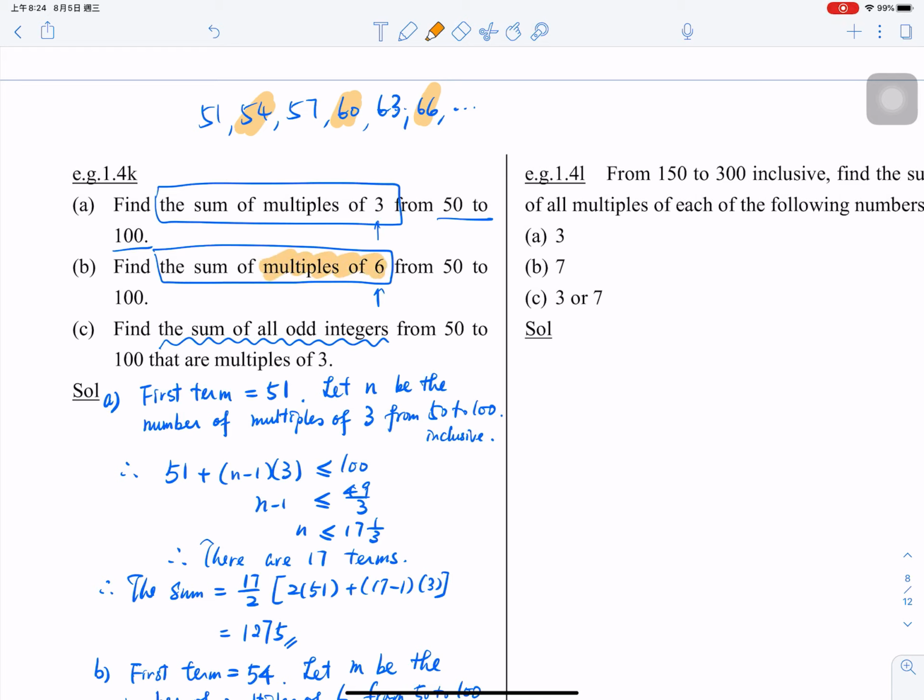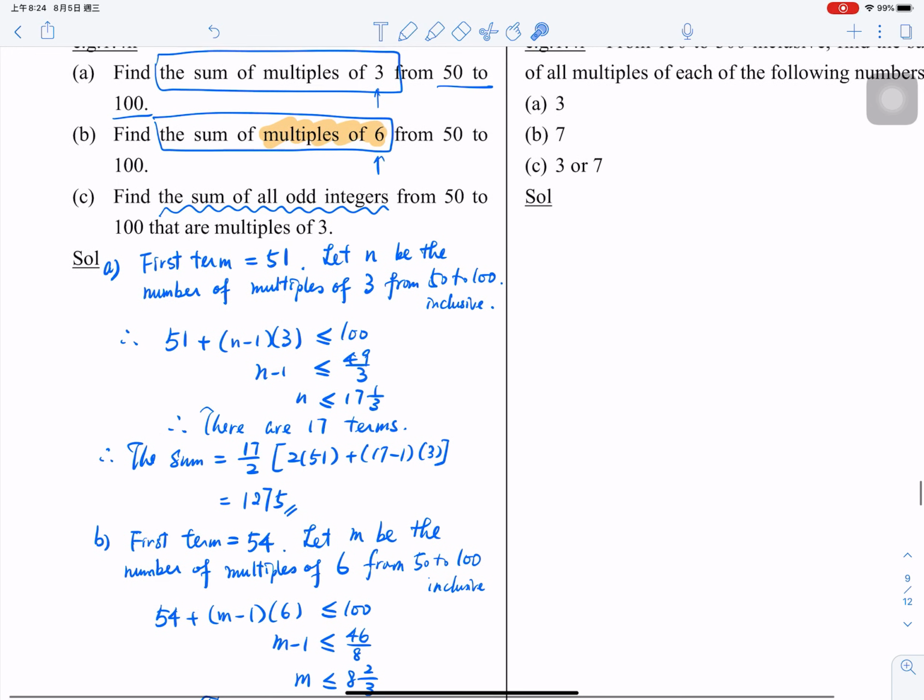So for part C, I should find the sum of all odd integers in this range that are multiples of 3. That means you can use the answers of part A and part B. Actually, 600 is the sum of the even multiples of 3. So you just subtract B from A, then you can find the answer.